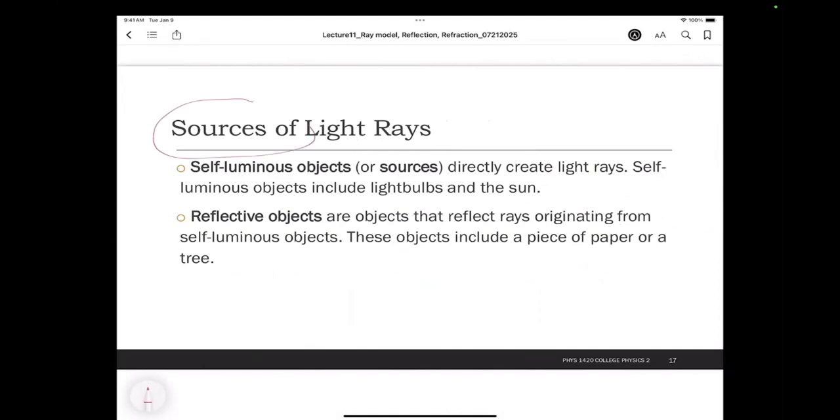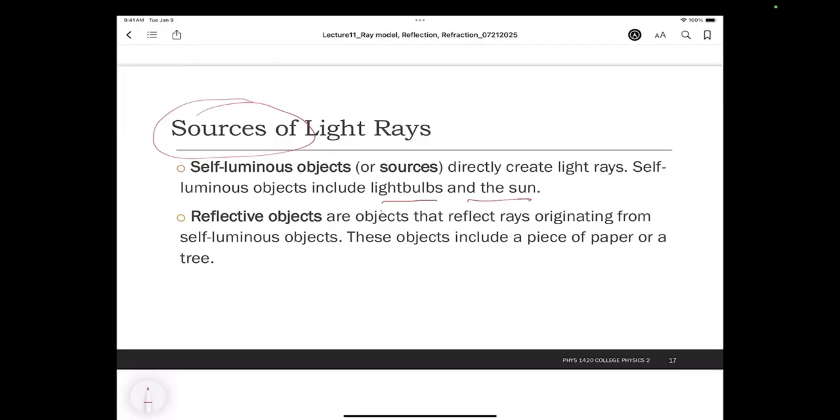The first one is self-luminous objects, or sources that directly create light rays. Self-luminous objects include light bulbs and the sun. This is obvious. Those two things can directly create light rays.